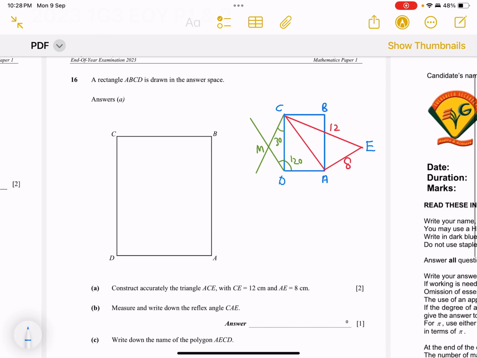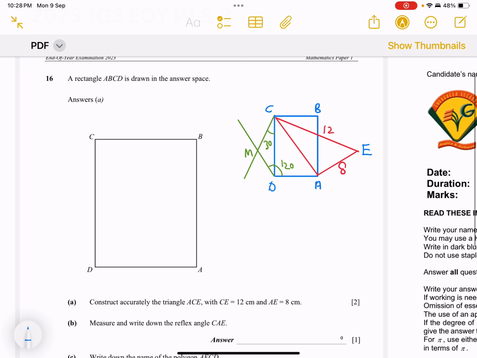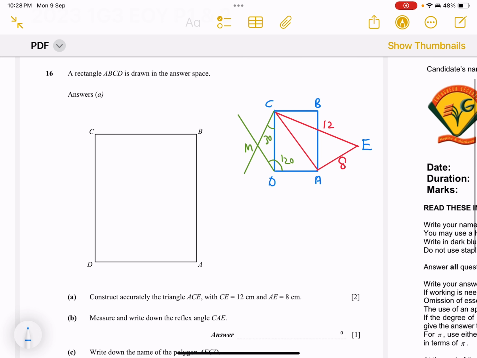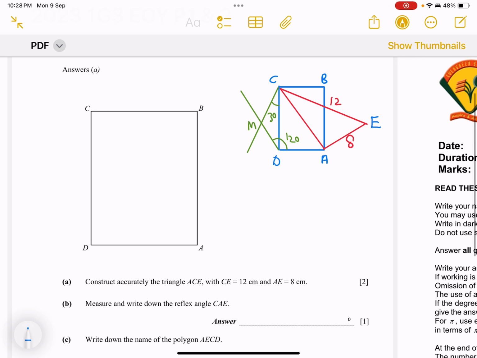This is the last sum of paper 1, where we are given a rectangle and we have to construct a triangle ACE. It's good to draw a diagram before you construct. So we want to construct a triangle ACE such that CE is 12 and AE is 8.